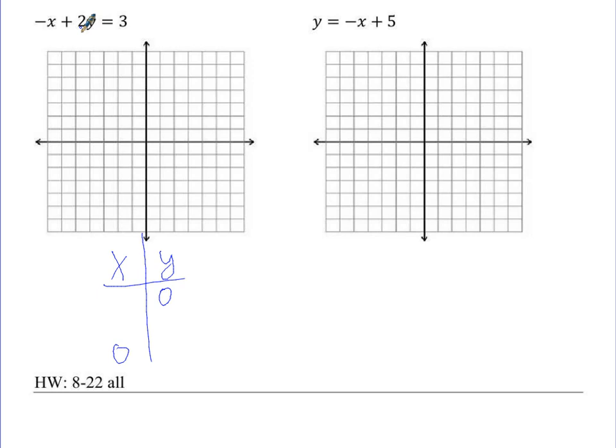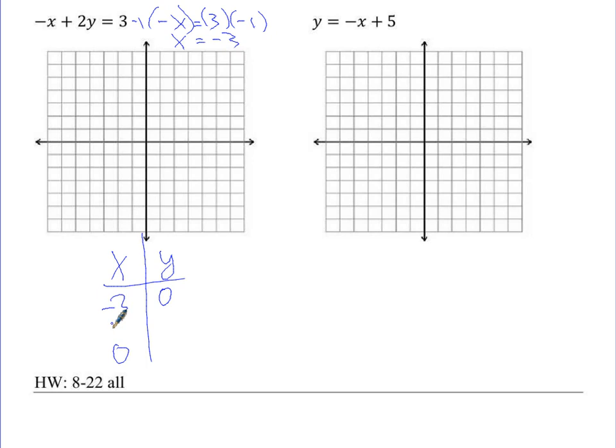Okay, negative x equals 3, which means that x must be negative 3. If you can't do it in your head, then write it down. Negative x equals positive 3. I want positive x, which means I need to multiply both sides by negative 1, which gives me positive x equals negative 3. If negative x is positive 3, then positive x must be negative 3.